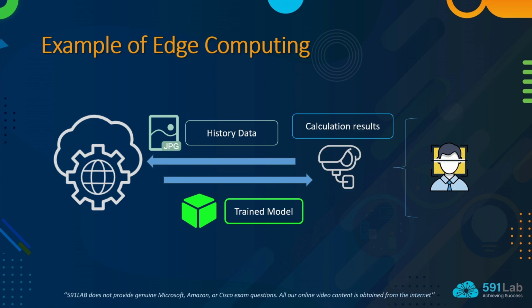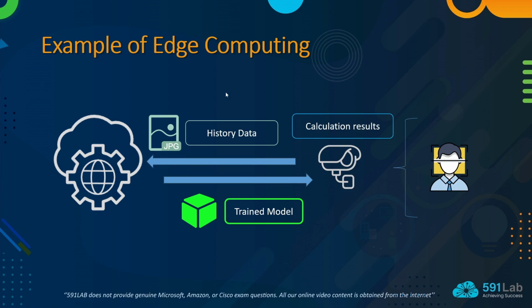So edge computing will mix both the data center and the camera to do data processing. The camera needs to process the JPG file and calculate the results, and then the Cloud Center will also process this JPG file and use it to update the model.